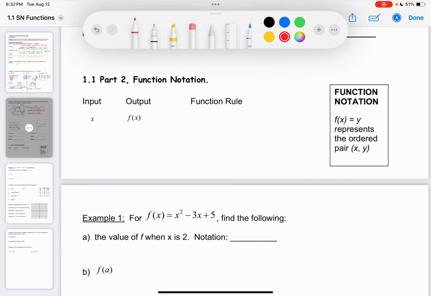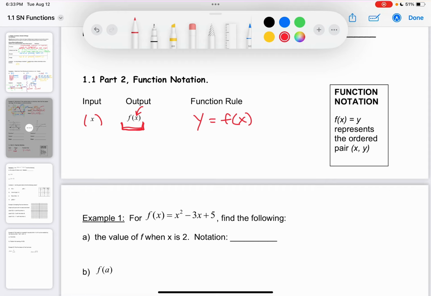Now, some function notation. Remember, our inputs are our x's. Our outputs are what you get when you plug x into the function. So I plug my x into the function and something pops out. And we generally call this a y. And so we can say that y equals f of x.